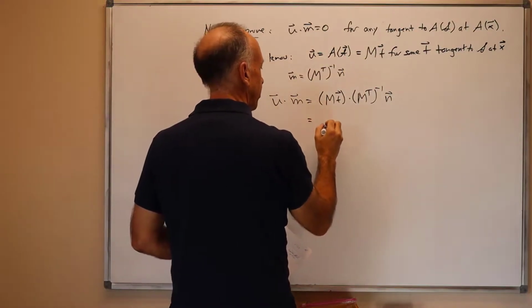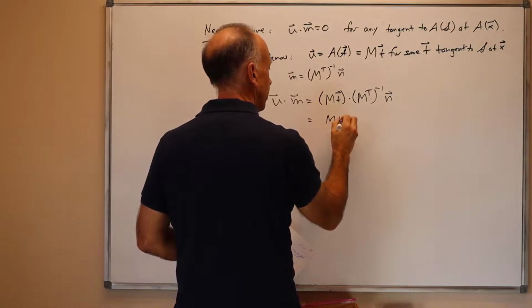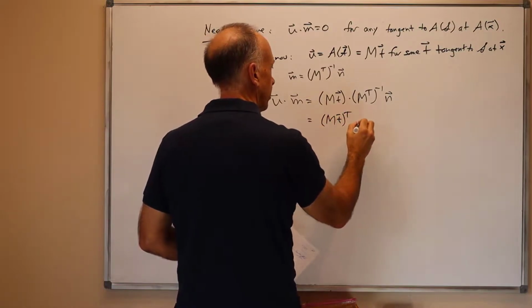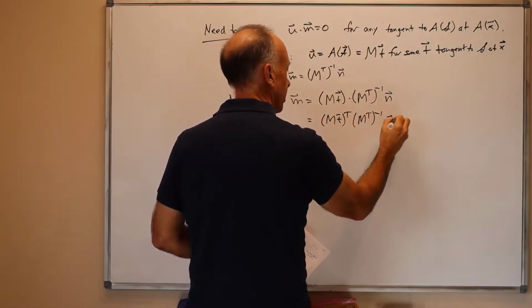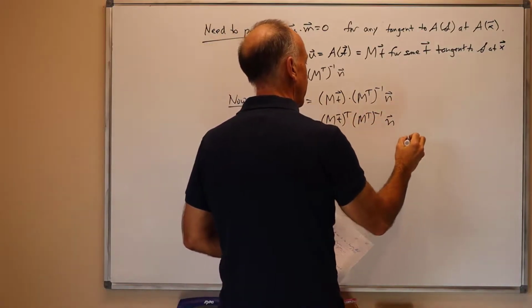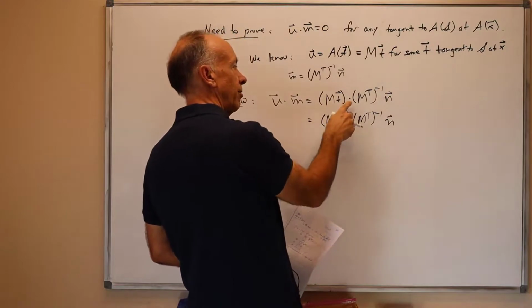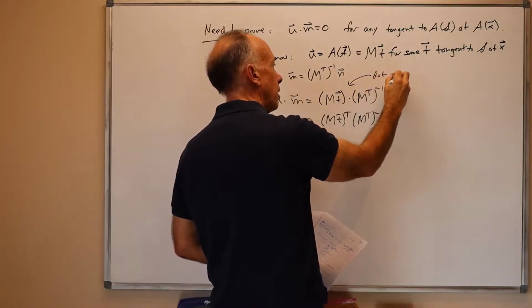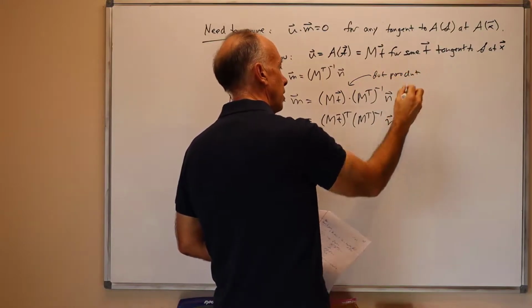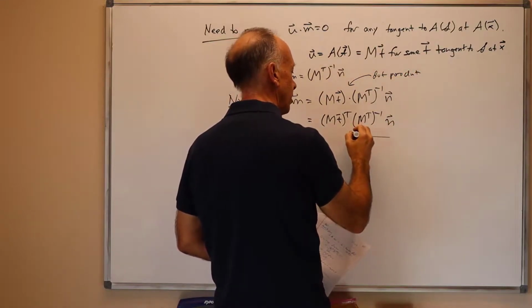and that's equal to MT transpose times M transpose inverse times N. And here what I'm using, this is matrix product now. This was dot product. This is now matrix product.